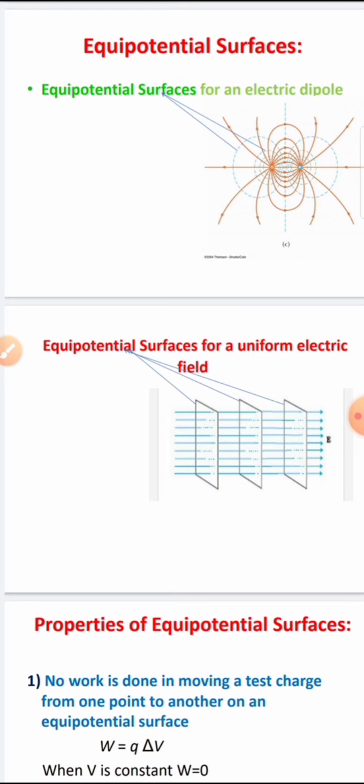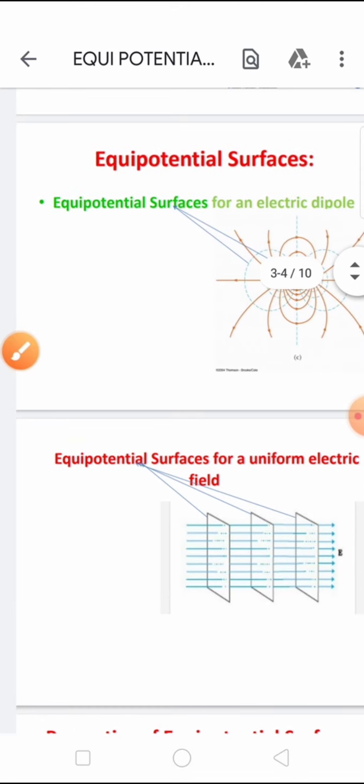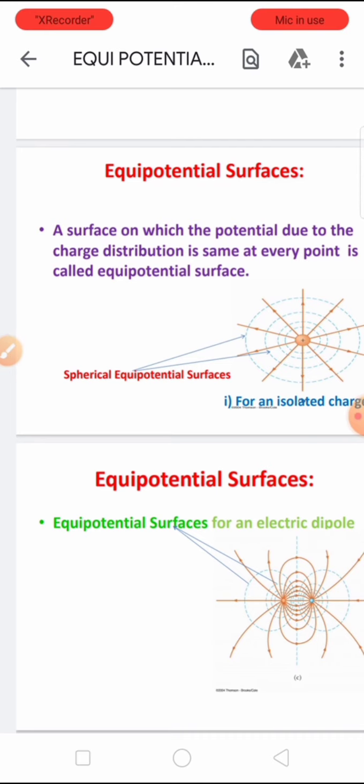This plane surface represents the equipotential surface. It is clearly observed here. The equipotential surface is perpendicular to the electric field lines. You can say this in the case of the dipole or the spherical equipotential surface also. In all the cases, the equipotential surface is perpendicular to the electric field.